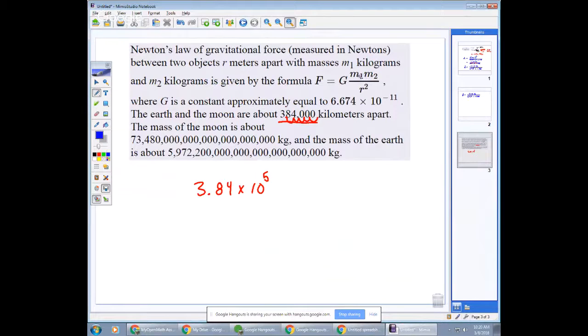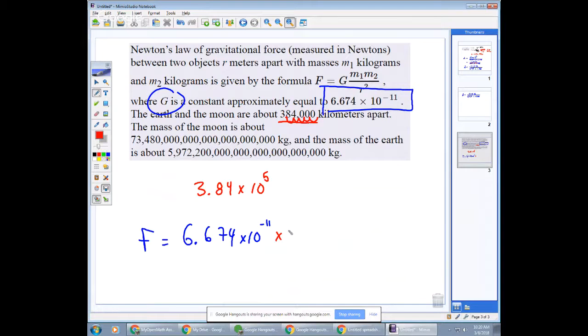So let's see, we've got F is equal to, here it's saying the gravitational constant is that number right there. So I'm going to have the 6.674 times 10 to the negative 11th. Then I got to multiply by one of the masses.